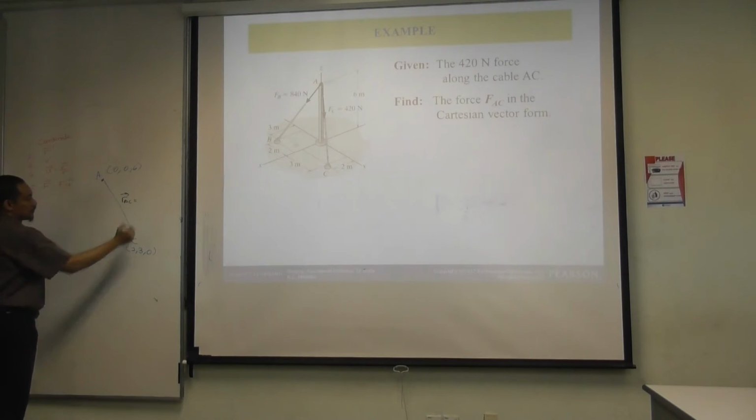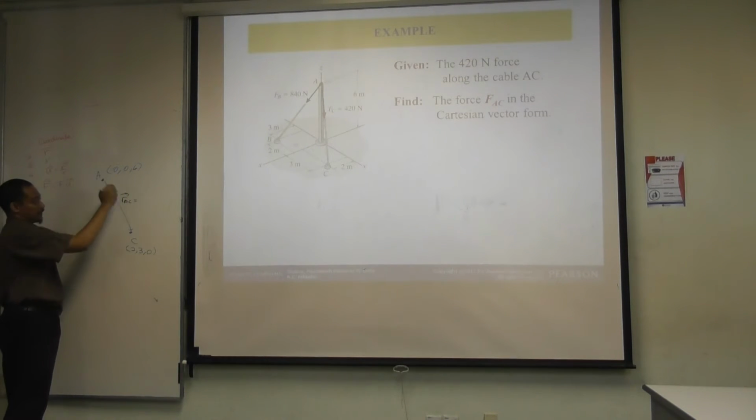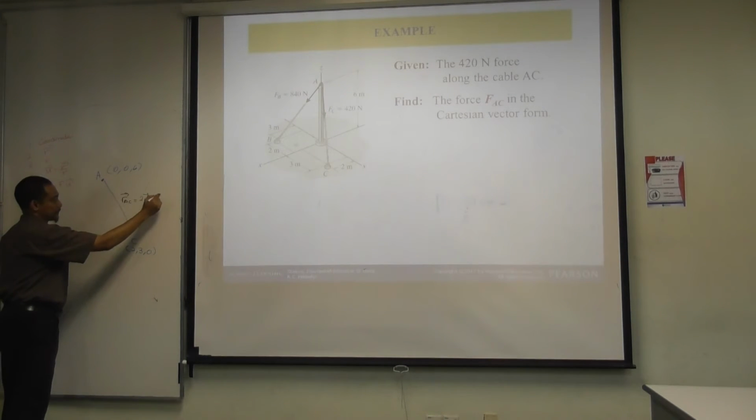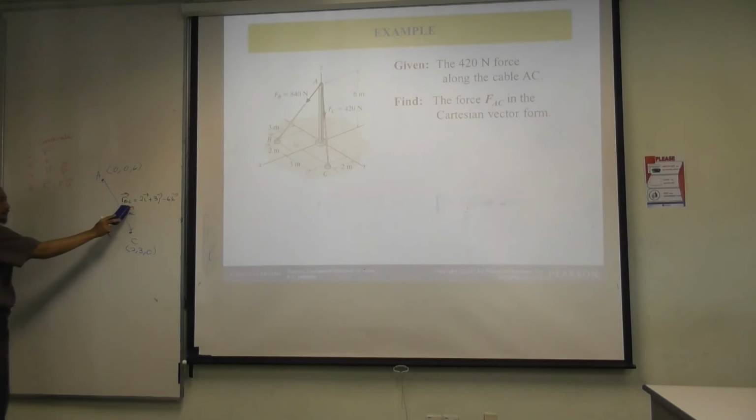Okay, so then AC, right? What do you get? How to get this one? So point C minus point A, right? So 2 minus 0 is 2i. 3 minus 0 is plus 3j. 0 minus 6 is minus 6k. Okay, what will be the magnitude?